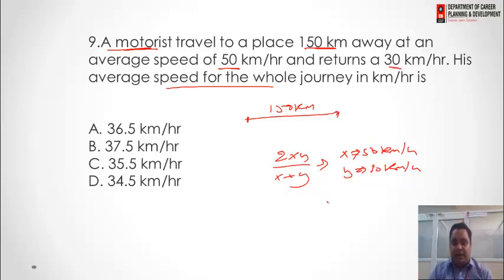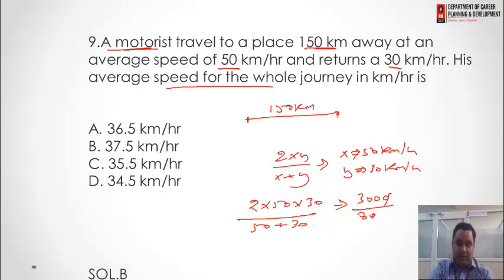We just need to put the values in this equation: 2 into 50 into 30 divided by 50 plus 30. If we solve this, we have 3000 divided by 80 or 300 by 8. That gives the answer, option number B, 37.5 kilometers per hour.